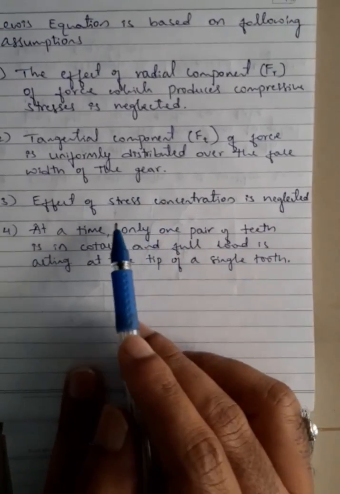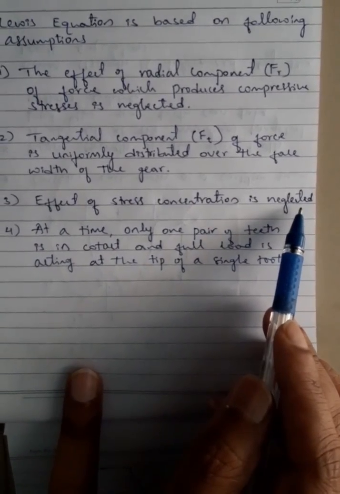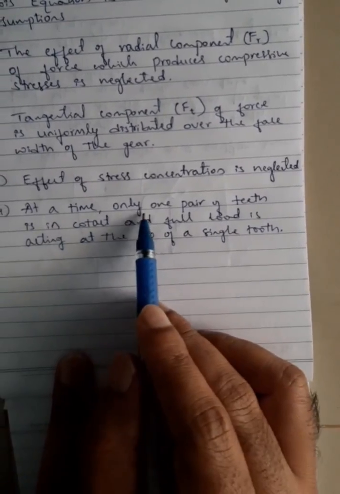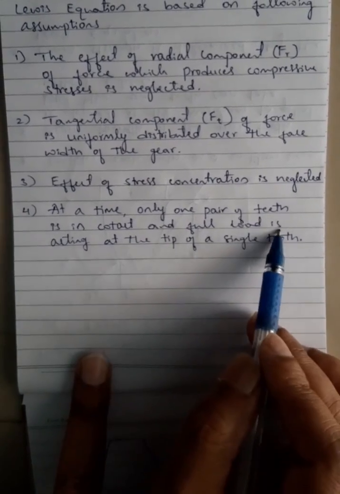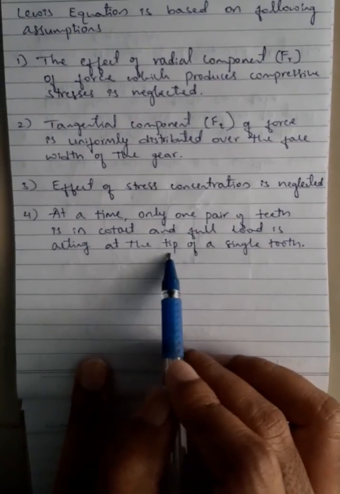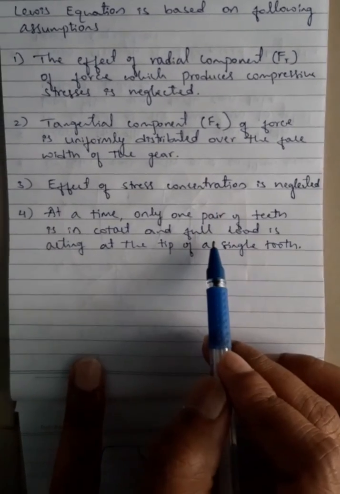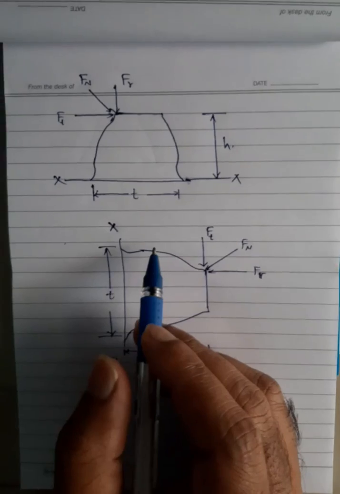The next assumption is that the effect of stress concentration is totally neglected. And the fourth assumption is that at a time only one pair of teeth is in contact and full load is acting at the tip of the single tooth. These are the four assumptions which we should consider while deriving the Lewis equation.